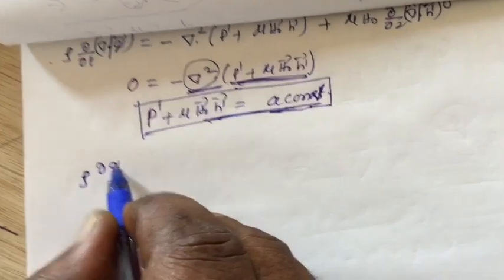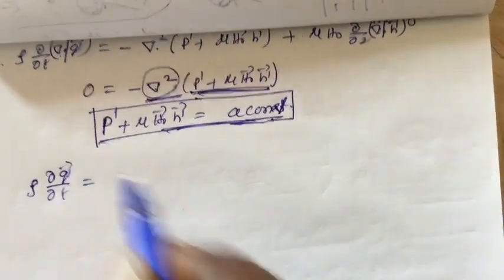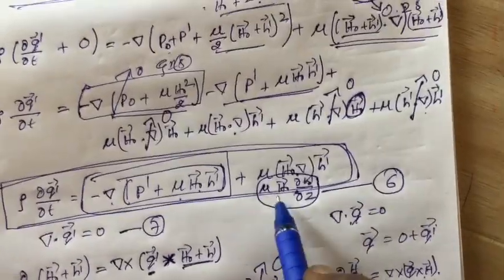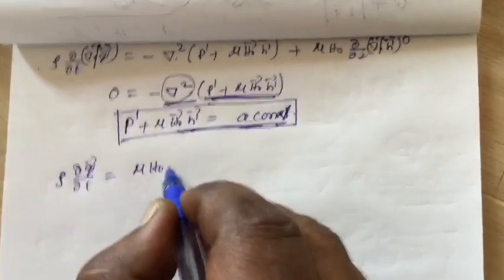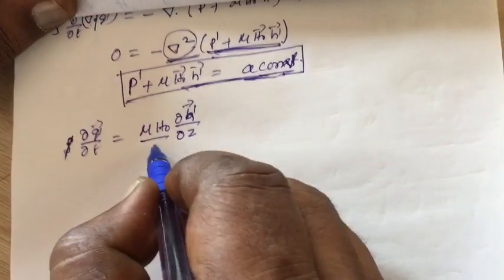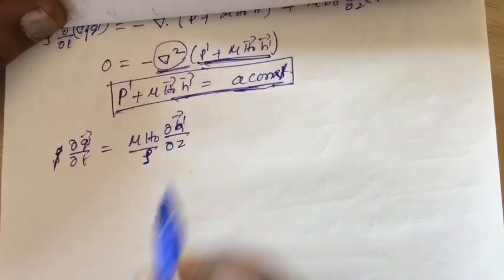rho into del q dash by del t is equal to mu into H naught into del H dash by del z. By taking rho to this side, it will become rho into this much.